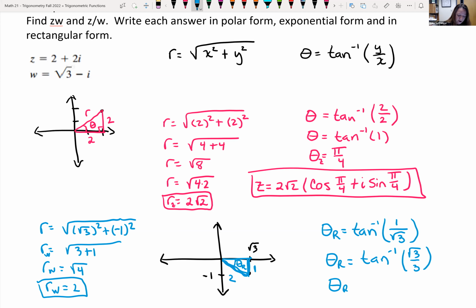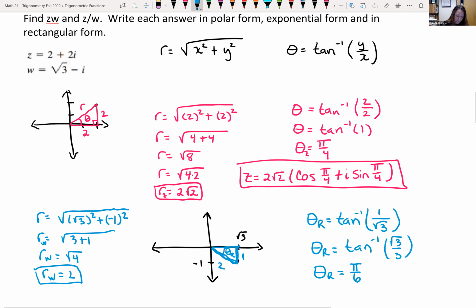So my reference angle there in the 4th quadrant for theta is going to be 30 degrees, which is pi 6. So theta for my w value, I'm in that 4th quadrant. So I know my reference angle is pi 6. So 2 pi minus pi 6 would give me 11 pi 6.